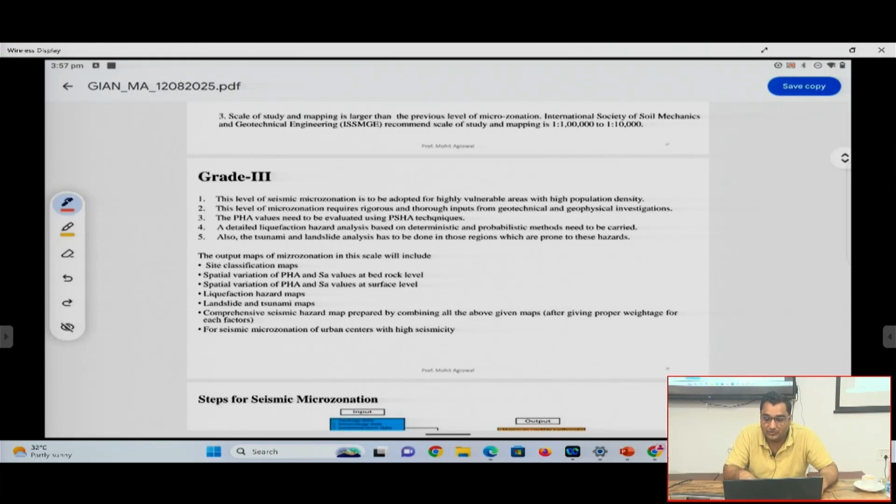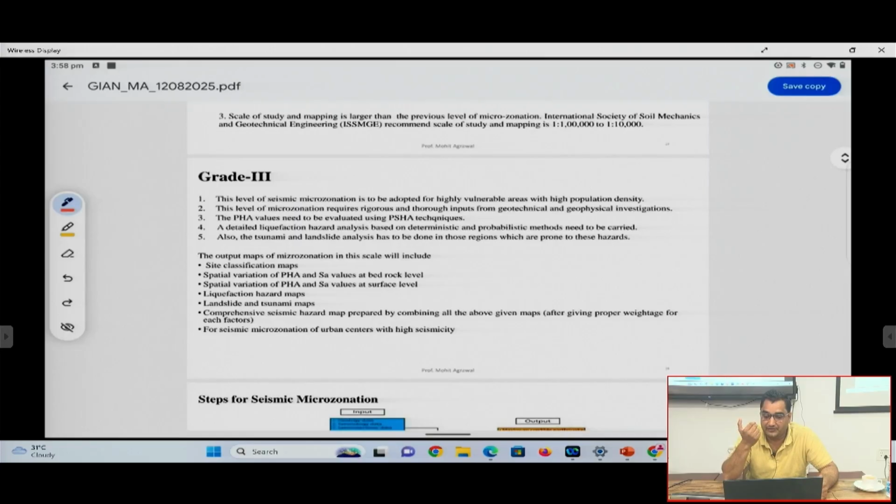So the output of this kind of grade 3 seismic microzonation mapping would be a site classification map, where you classify the site. Then you may also generate maps for the peak horizontal acceleration and spectral acceleration values at the bedrock level, and map the spatial variation of the peak horizontal acceleration and spectral acceleration values at the surface level.